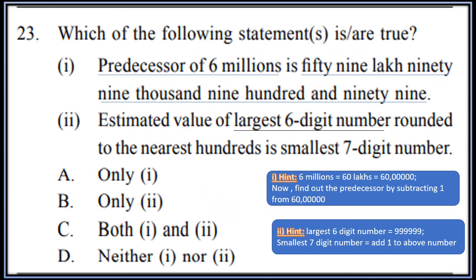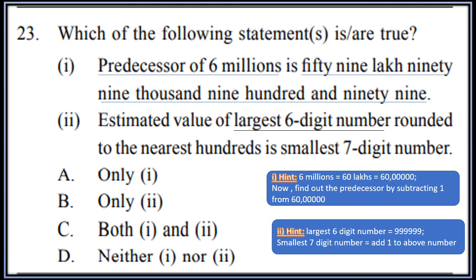Question number 23. Which of the following statements are true? Now first is, predecessor of 6 million is 59 lakh 99,999.